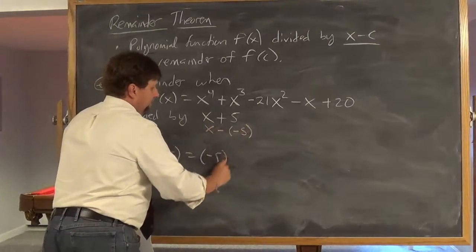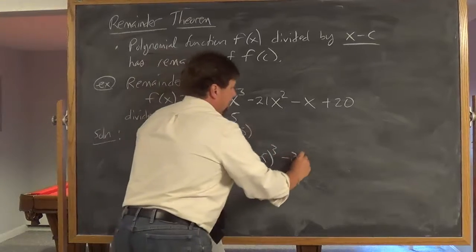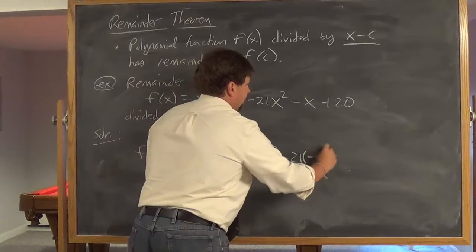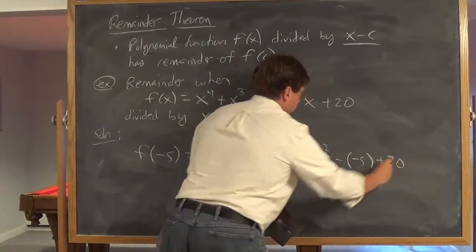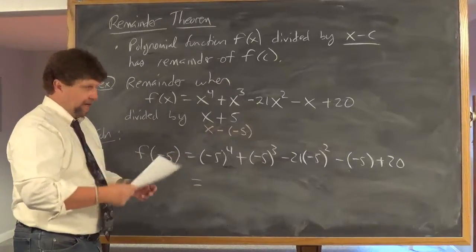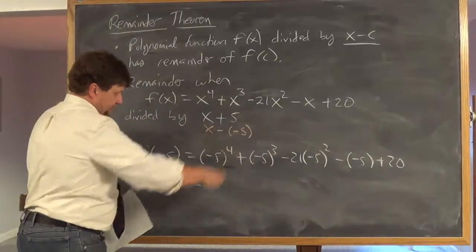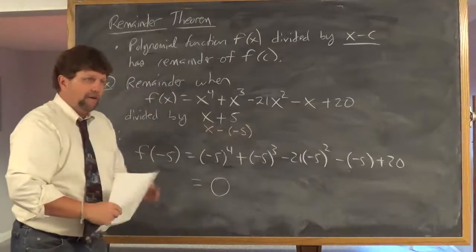That's negative 5 to the fourth plus negative 5 cubed minus 21 times negative 5 squared minus negative 5 plus 20. And I cranked this through my calculator earlier, and all of this stuff ends up giving a result of 0.